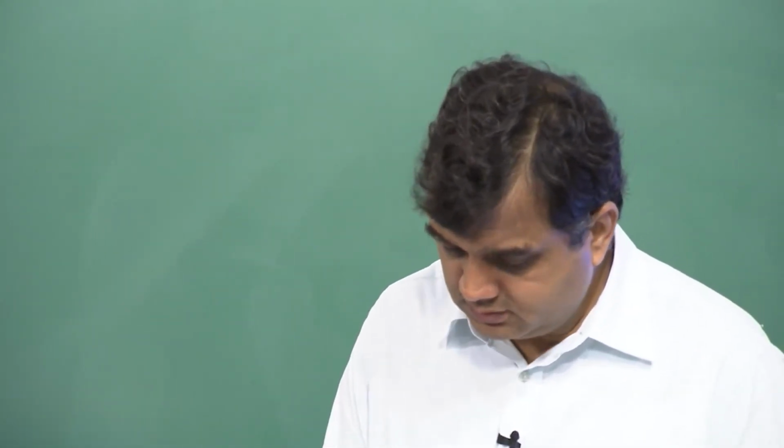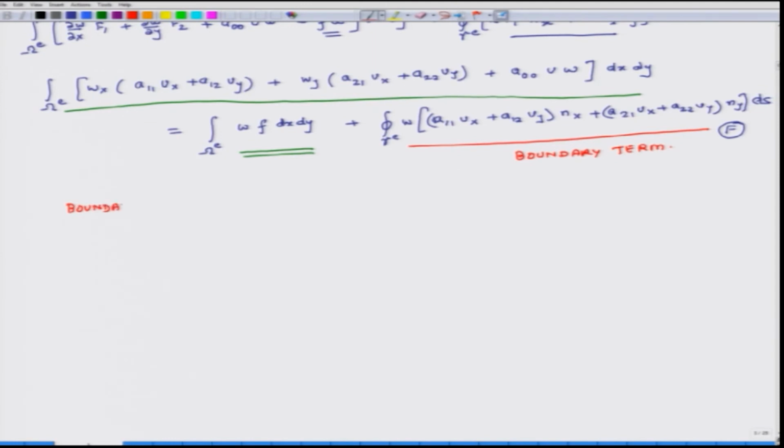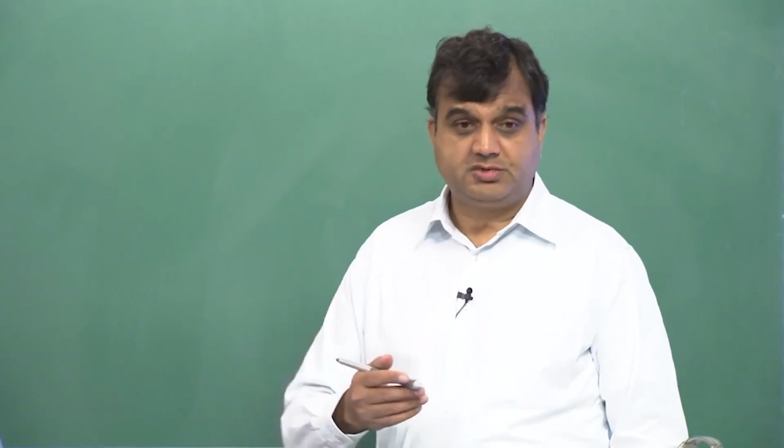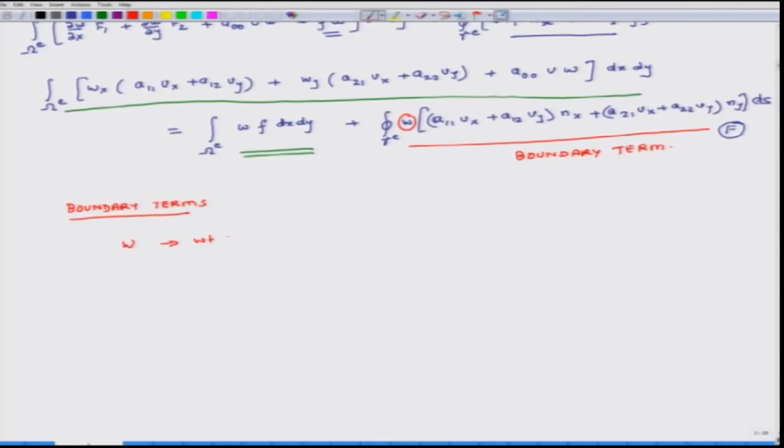So, let us look at the boundary terms. The first thing we have is W. W is the weight function, and in context of 1D problems which we had discussed, it could also be interpreted as a variation of the primary variable.